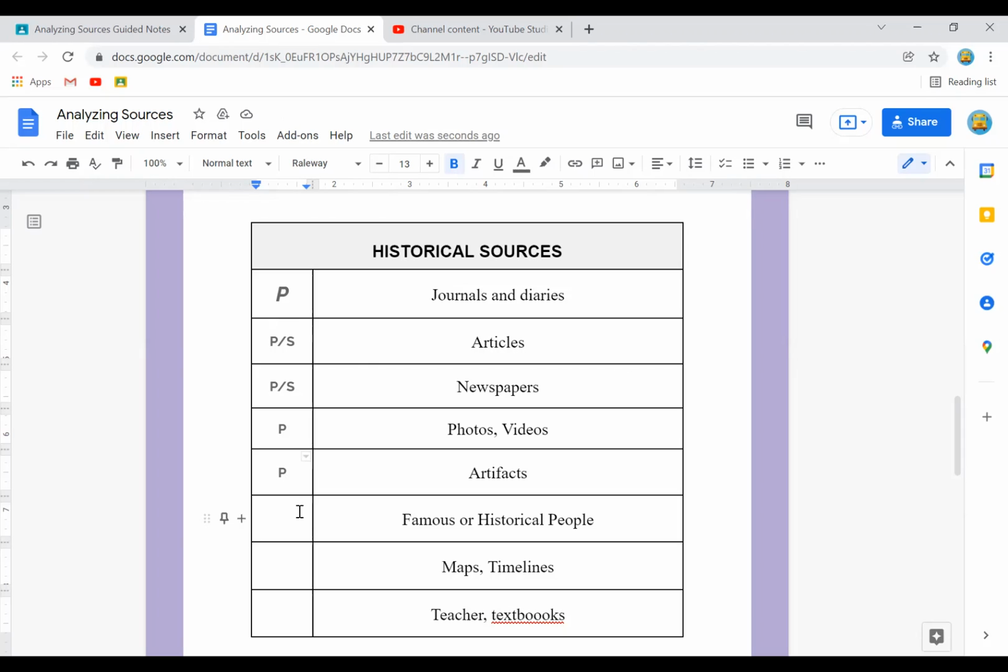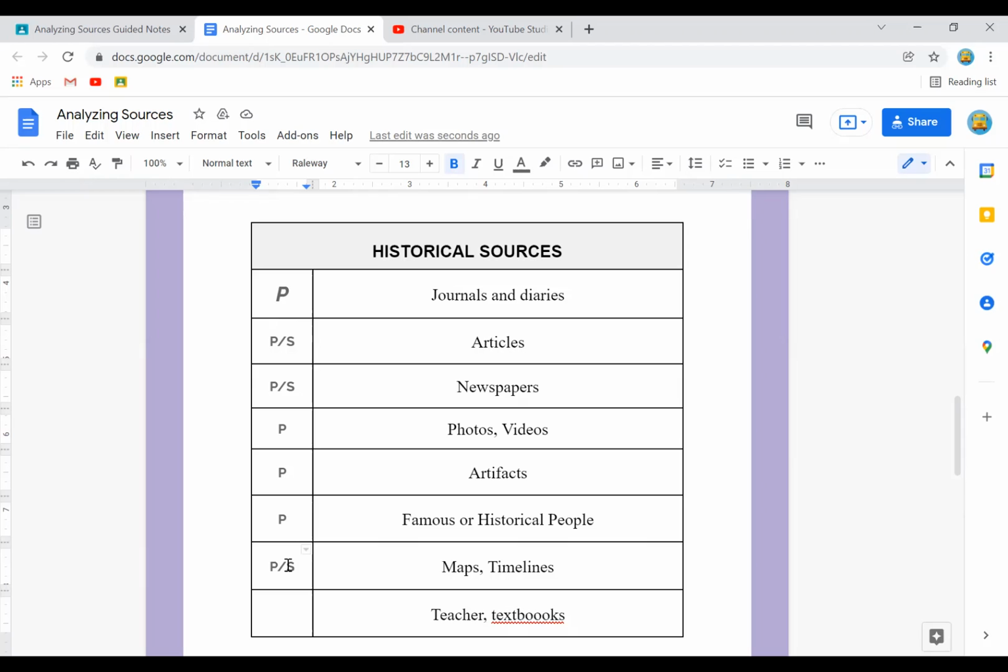Old pottery, clothes. Famous or historical people. So yeah, interviews, video recordings, or them just word of mouth. Diaries, journal entries, they are primary sources if they're talking about something they were there for. Maps and timelines. So for maps, it could be a P or an S. If I'm showing you a present day map of ancient Mesopotamia, that is a secondary source.